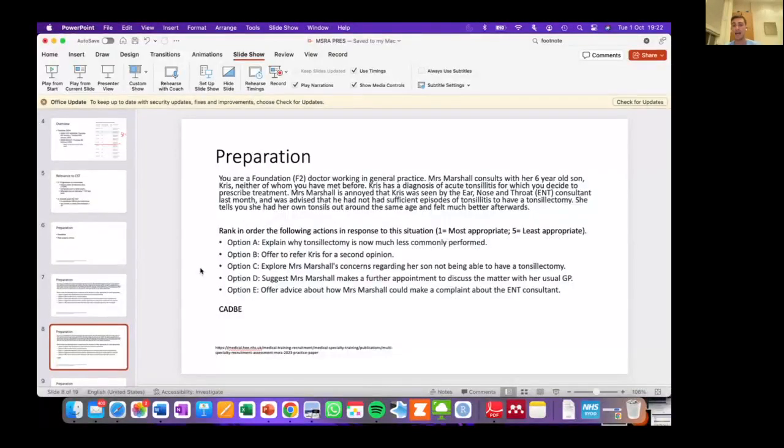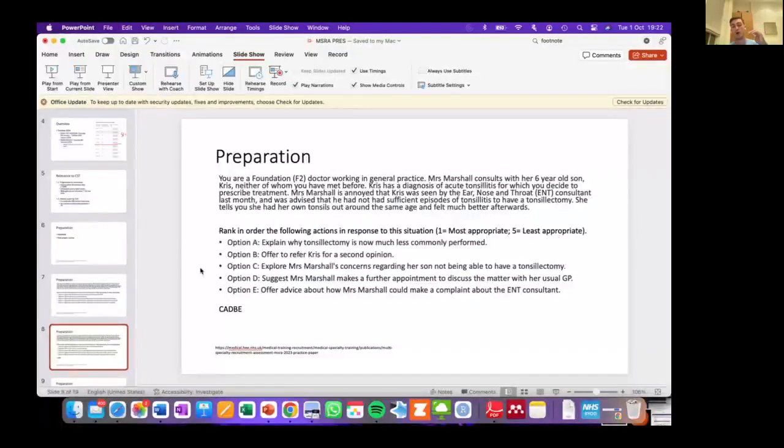The tricky thing with these professional dilemma questions, and why it's hard to get 100% ever, is that sometimes the options are not always in a hierarchy. So referring for a second opinion and suggesting that she makes an appointment with her usual GP are kind of different strategies. They're both a bit wrong, and it's a bit weird to weigh up what's more or less wrong. So yeah, these are tricky.